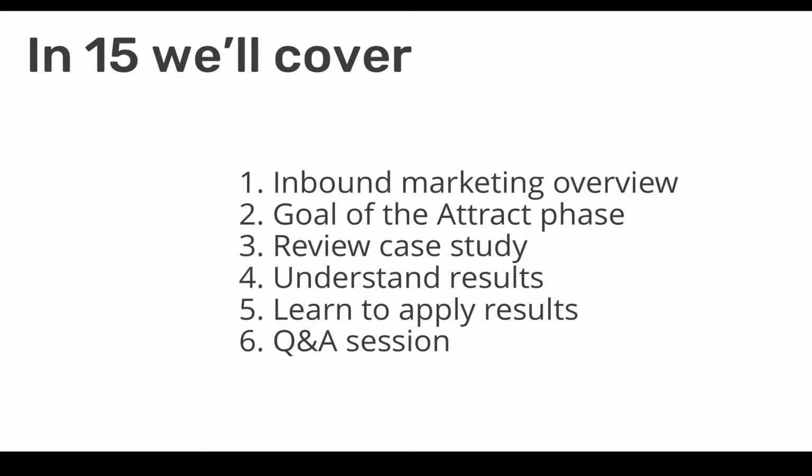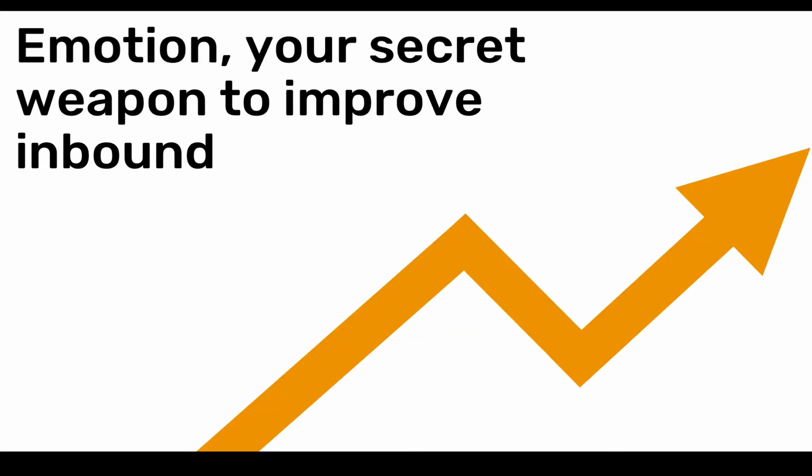So really, what we've been understanding about emotion and its ability to affect content is that emotion can be your secret weapon to improve your inbound marketing tactics. Now, that could be maybe per month you have 100 inbound leads and you're looking to take that up to 200. Now, emotion might not get you there to 200 overnight, but it can certainly help you with incremental increases.